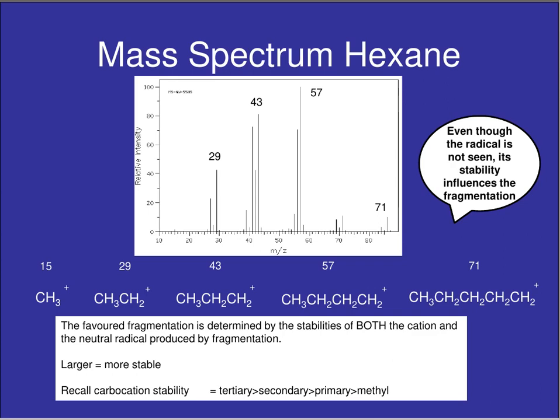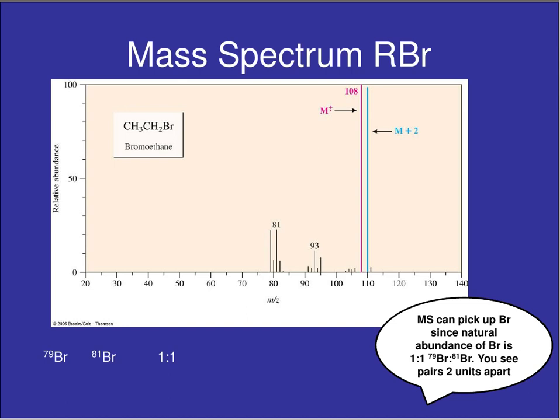Okay. Just while we're speaking of isotopes, please don't forget your halogens. Bromine occurs in nature in an almost 1-to-1 ratio of bromine 79 to bromine 81. You can see that the mass there is 2 apart.